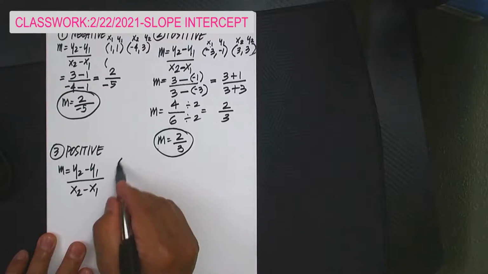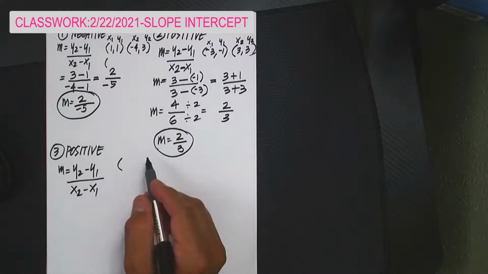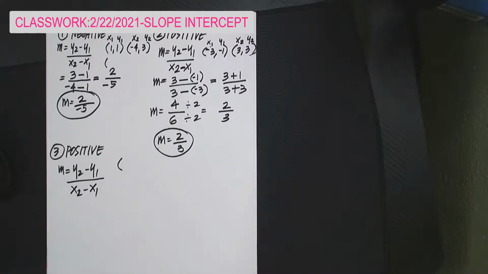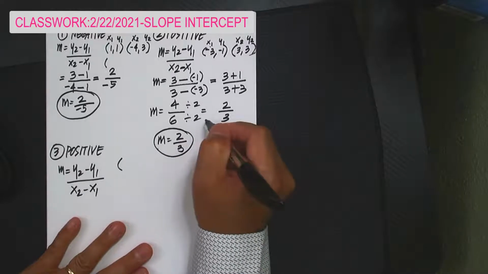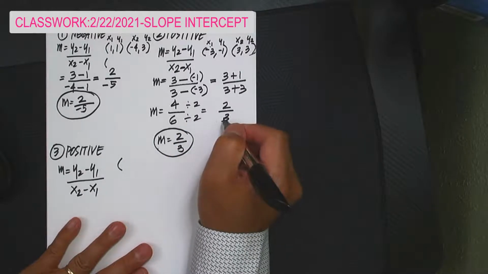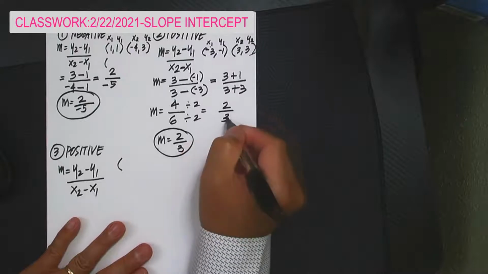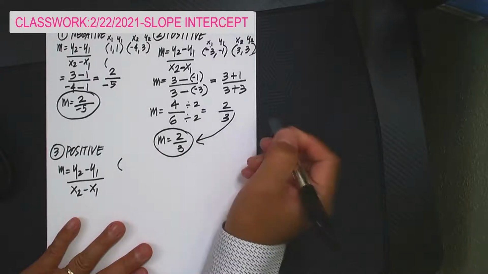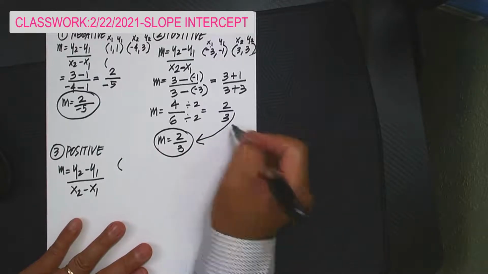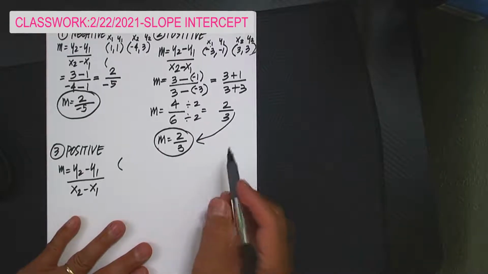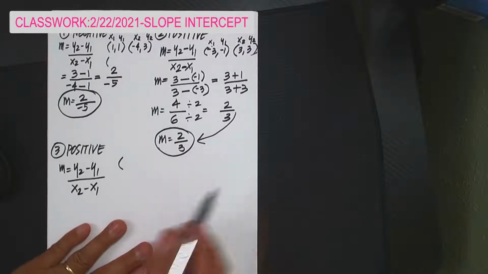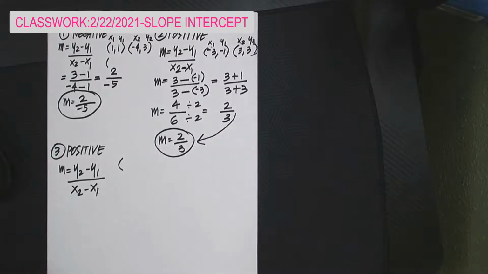Can you tell me what is the first coordinate of number 3?